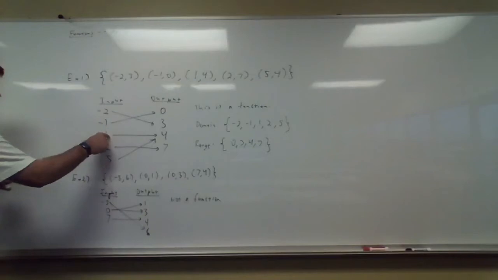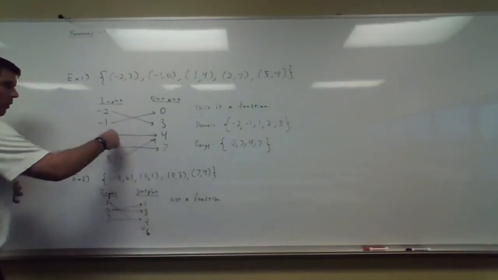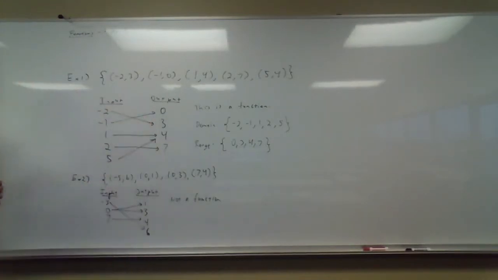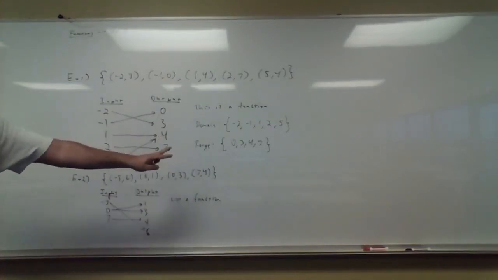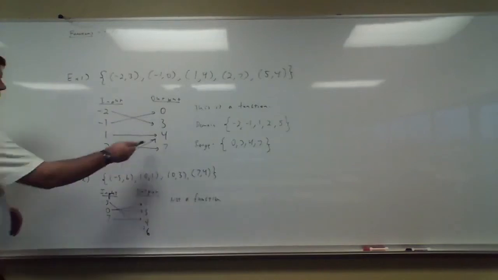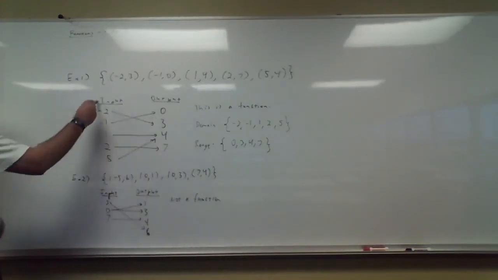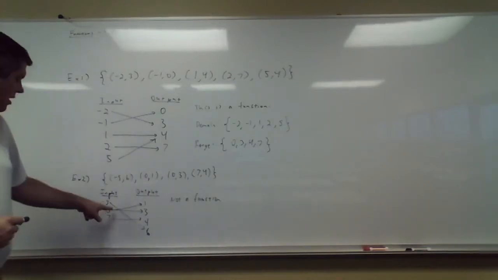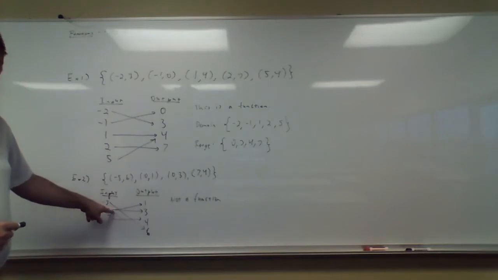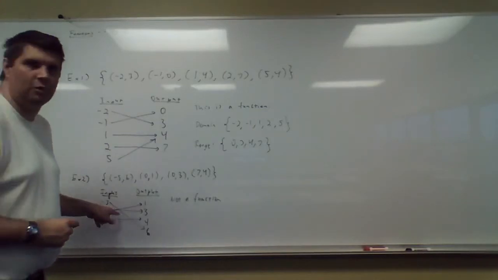All of these inputs had only one arrow going out from them, matching them to an output. Now, this output had two inputs, but that doesn't matter. Outputs can have multiple inputs, but inputs can only have one output. So this disqualifies this from being a function.